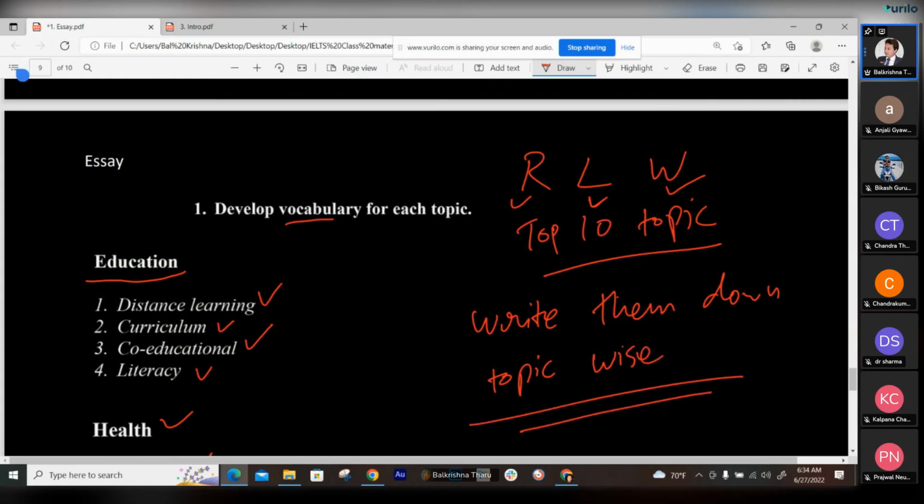And when you practice writing, you got to use those words. Okay, so we need to parallelly also develop our vocabulary. It can sound like a lot of work, all right, but it can be fun.